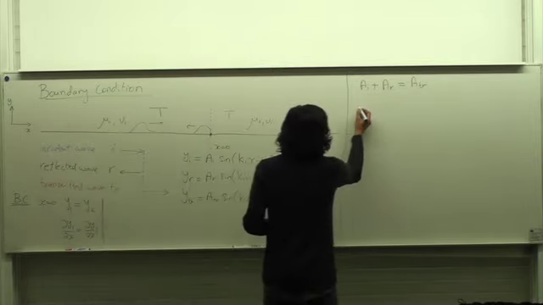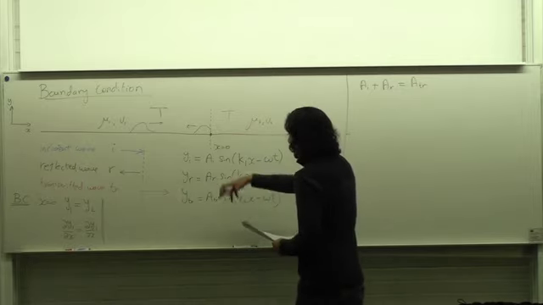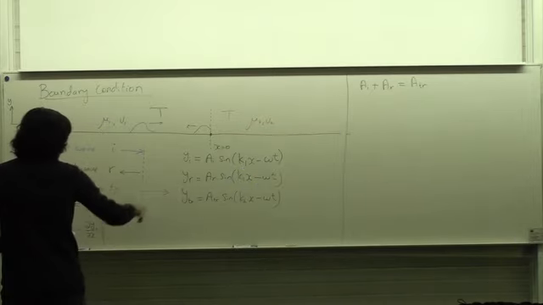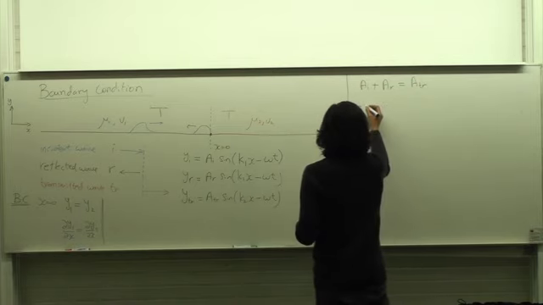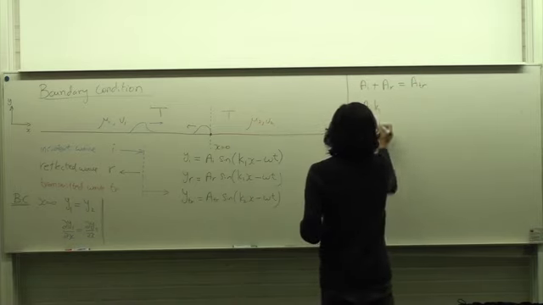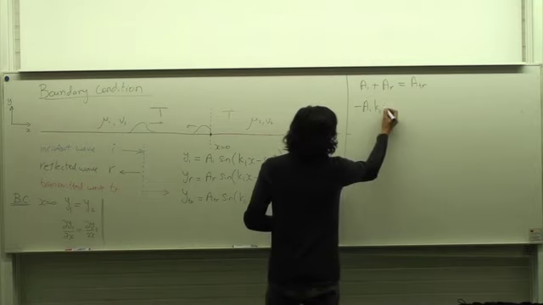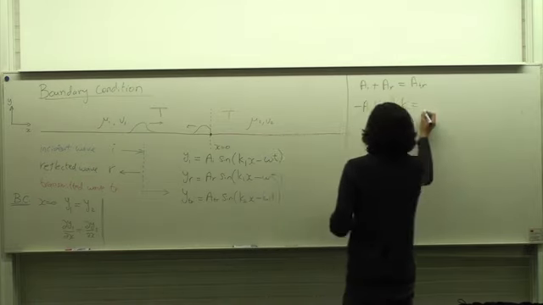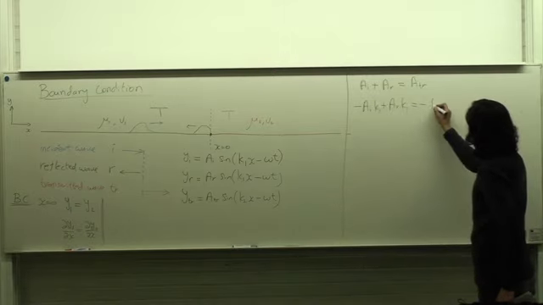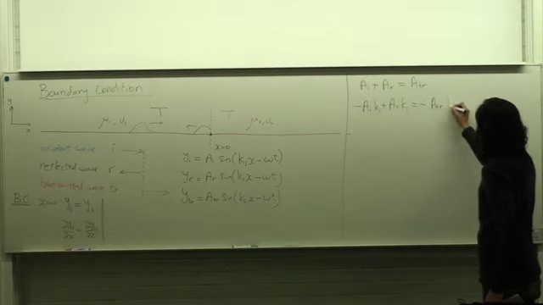Now we take the derivative, dy/dx, right? And what we get is minus A_I times k1 plus A_R times k1 should be equal to minus A_transmitted times k2.